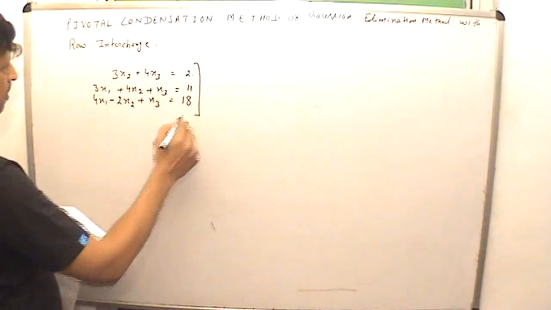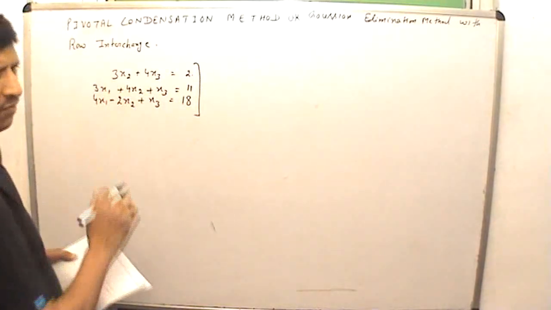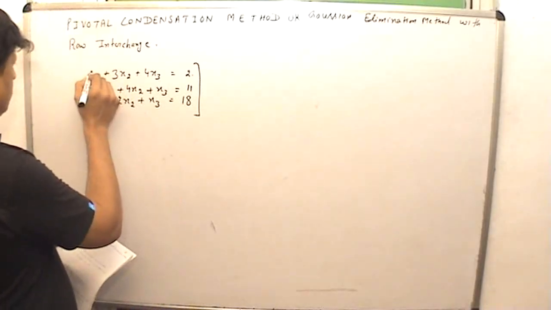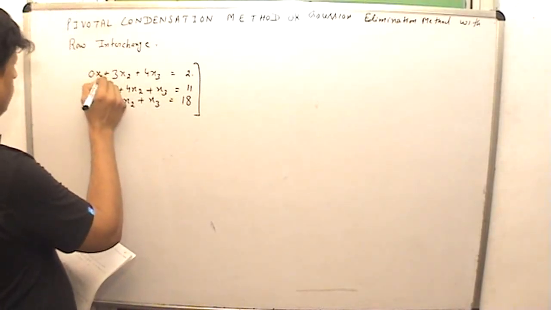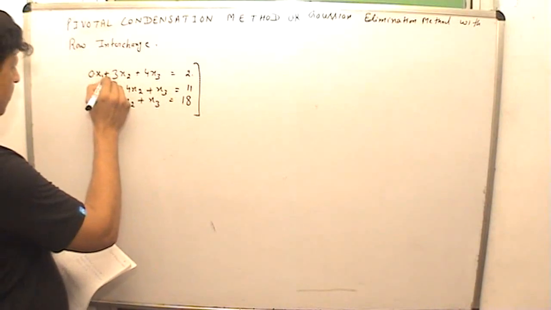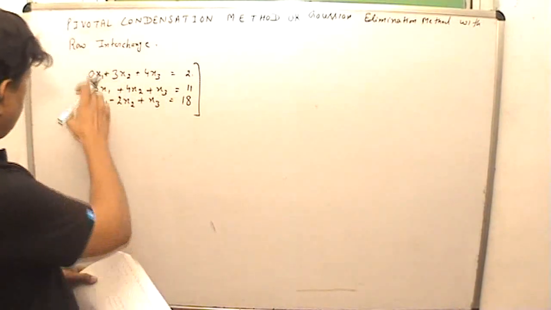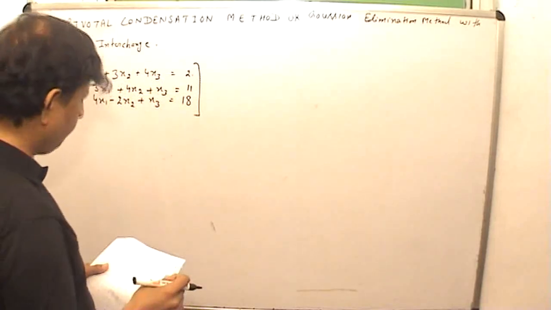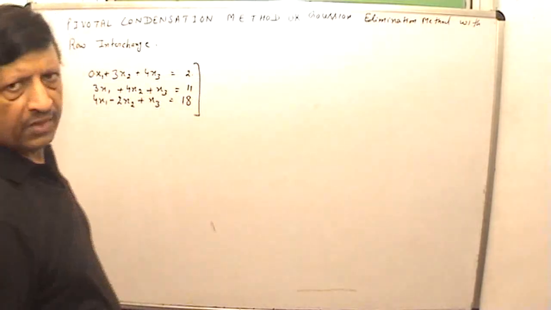It is the given system of equations where in the first equation x1 is missing, so we complete this term by using 0 into x1. Then x1, x2, x3 and the constants are on one side.